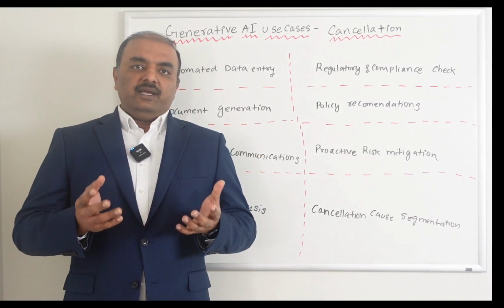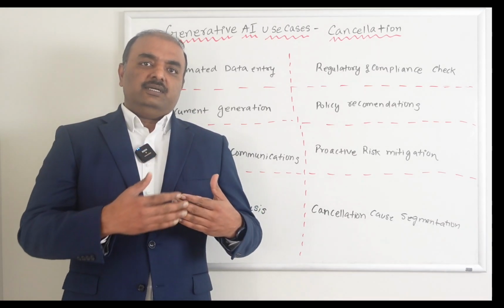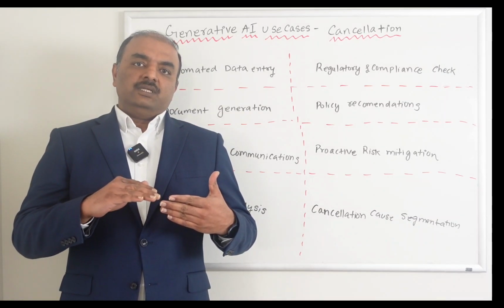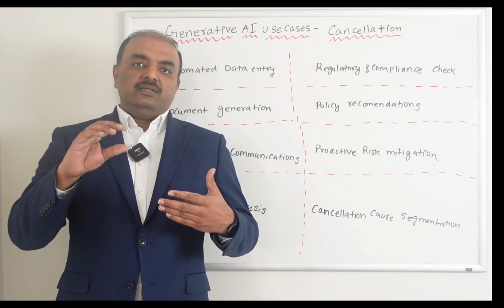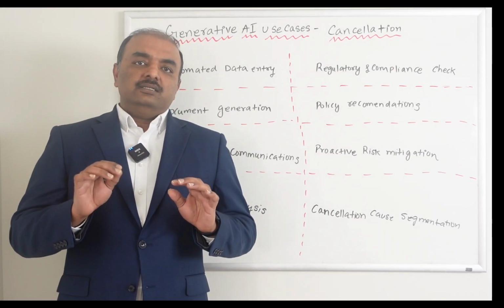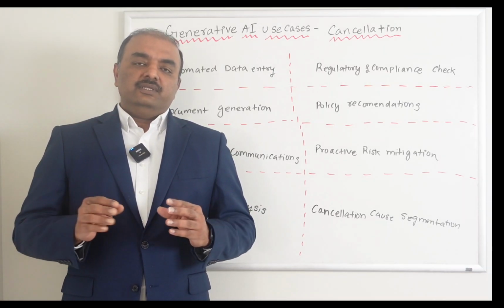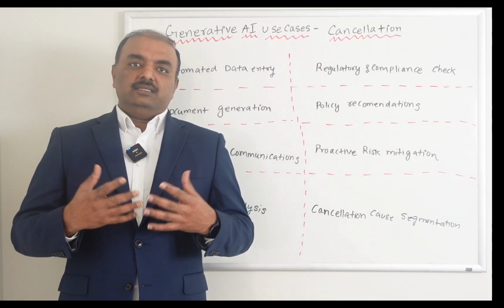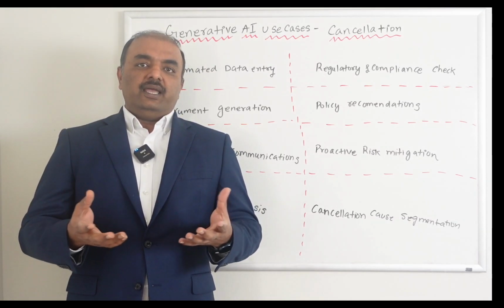With the advancements of AI, we can have chatbots that interact with the customers and gather all the cancellation related information, and that information can be extracted using NLP technology, matched with AI technology, and automatically entered in the policy administration system, and the policy can be cancelled without any involvement from a person like us. So that's one very useful way we can use generative AI.